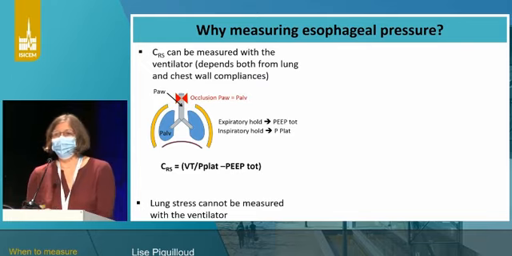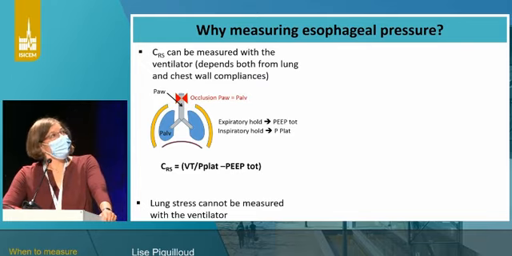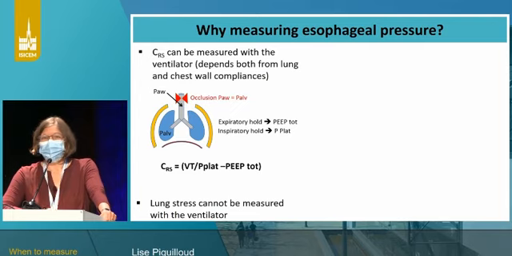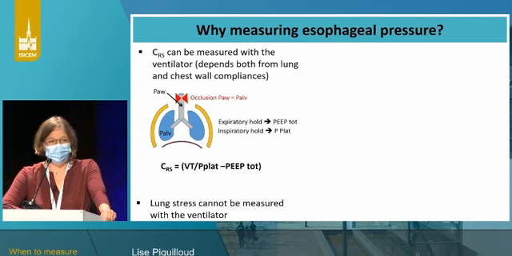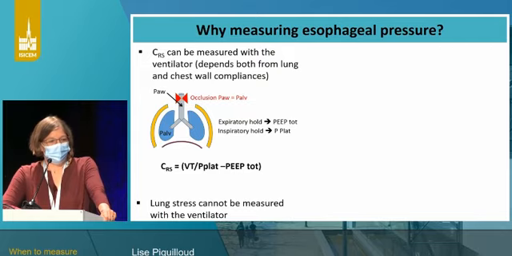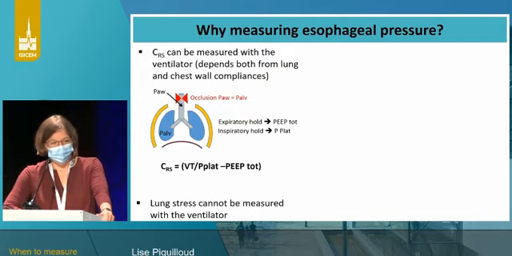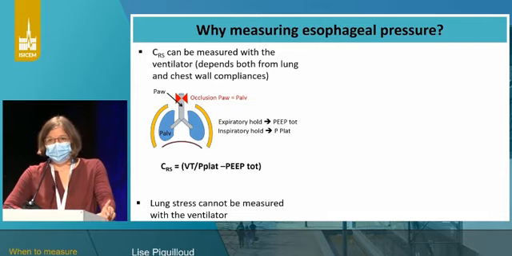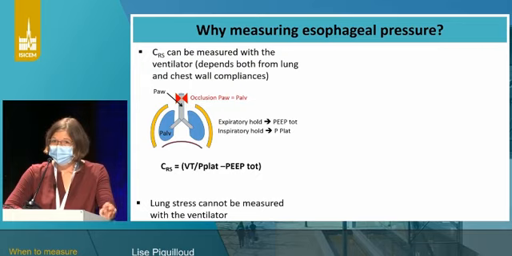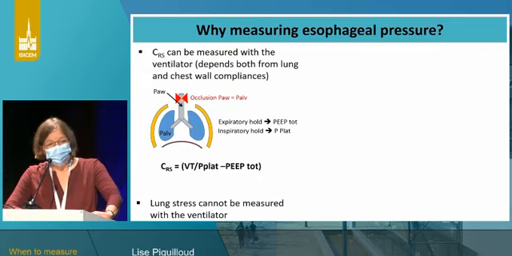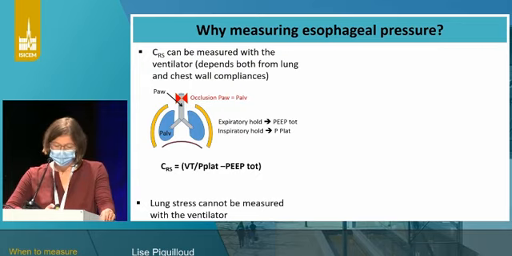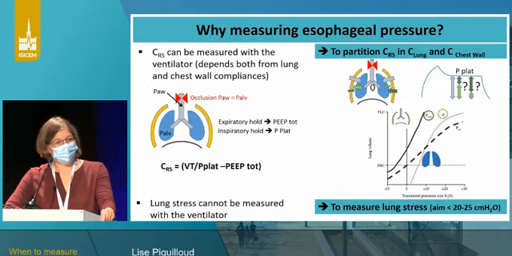Then why? This is the situation you have at the bedside without the esophageal balloon. You can measure the respiratory system compliance using the standard formula, tidal volume over plateau pressure minus total PEEP, but you don't know whether you have a chest wall problem or a lung problem or both, and you cannot measure the stress that is applied to the lung parenchyma.